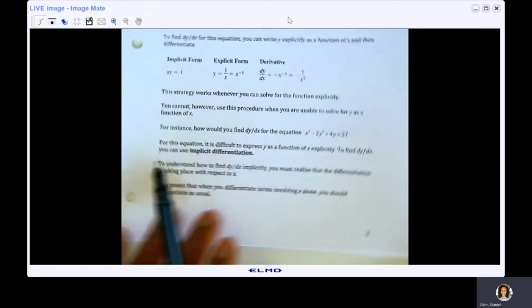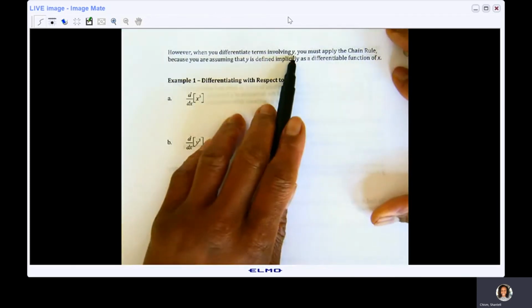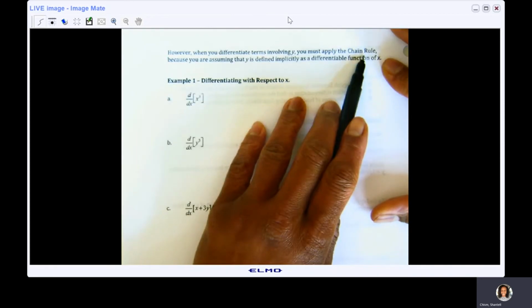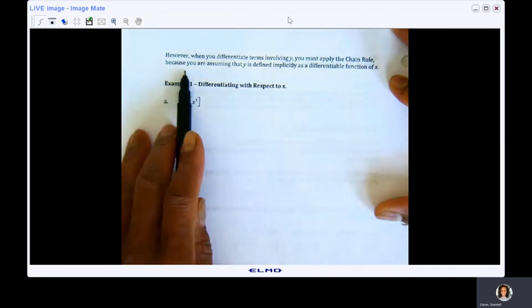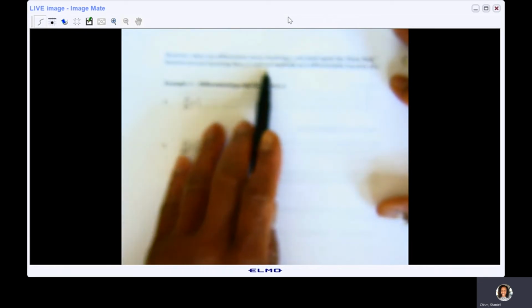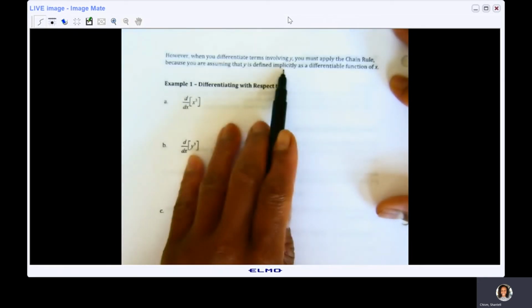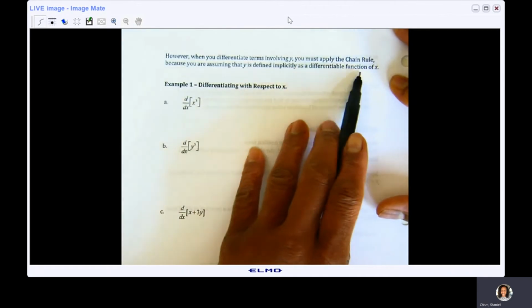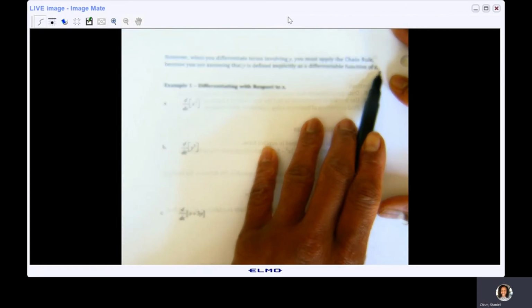But when you're differentiating terms that involve y, you have to apply the chain rule. The reason you have to apply the chain rule is that even though you see y, you are assuming that y is defined implicitly as a differentiable function of x. So you're always differentiating with respect to x, even if it's a y term.